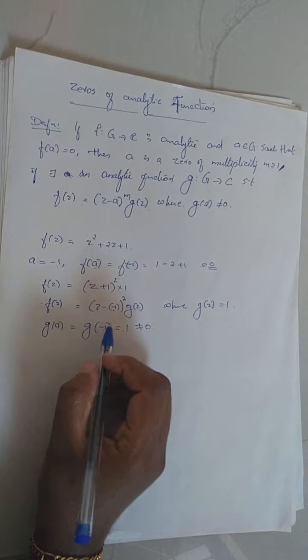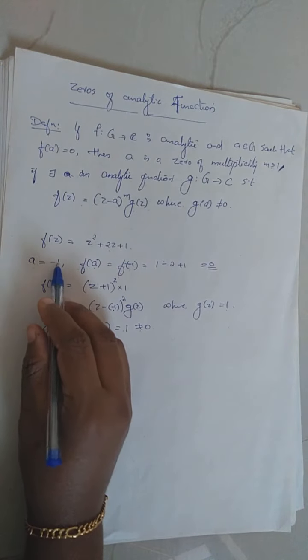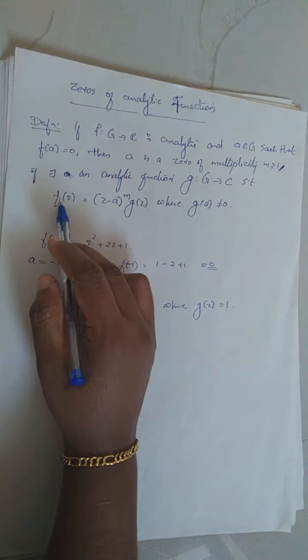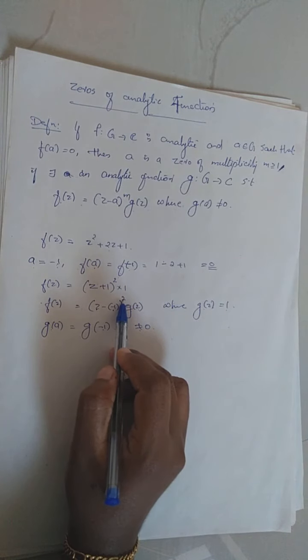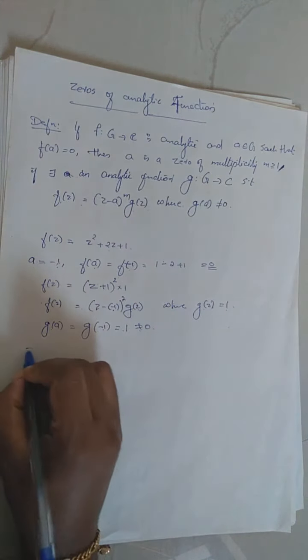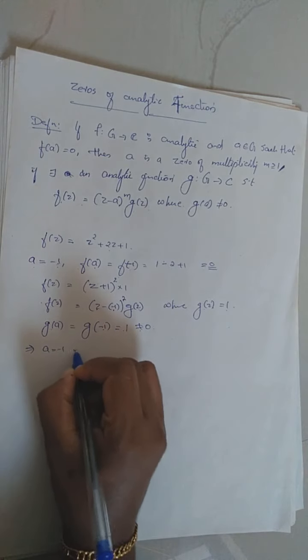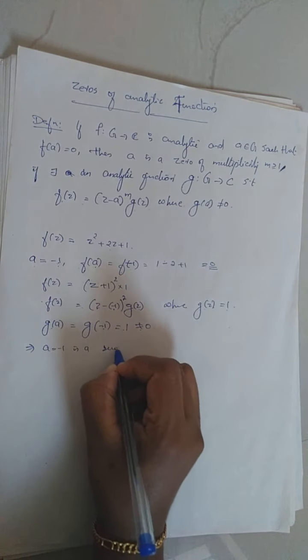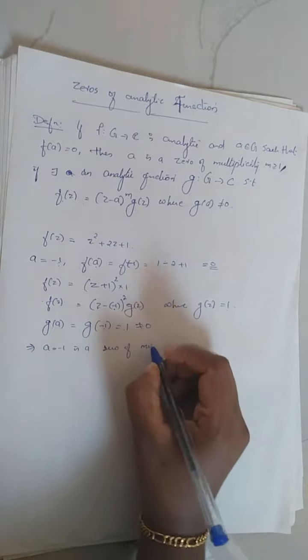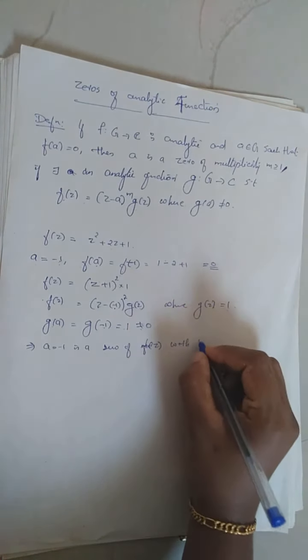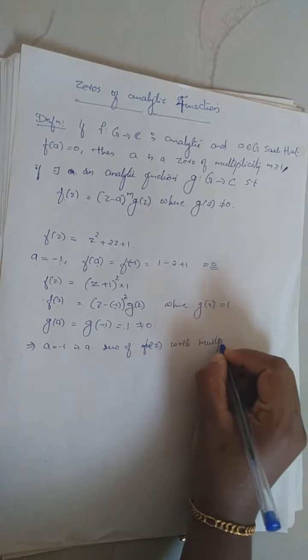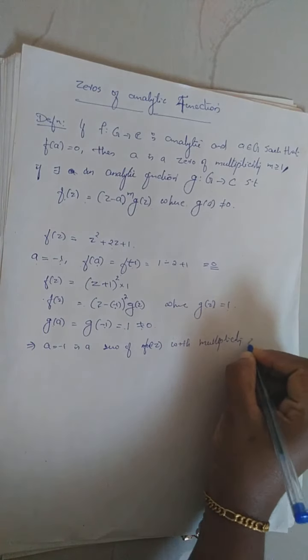Therefore we can say that a equal to minus 1 is a zero of the function f(z), and its multiplicity is equal to 2.